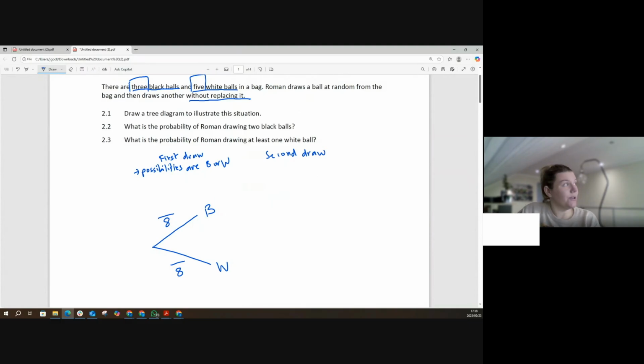Okay, so you are going to finish up this tree diagram. You need to think about what number is going to go there, what number is going to go there. Here, here, here, here. And then you're going to work out the probabilities.